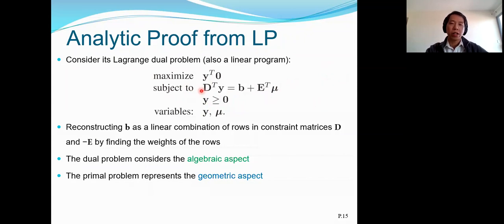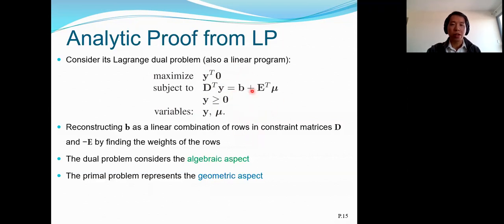Basically, we still use the same matrices D and E here, and then we find the feasible solution Y and mu such that it satisfies these two constraints, and the variable Y must be non-negative. You can see that the objective function here is basically useless because it is always equal to 0. The most important thing is we want to find a feasible solution which satisfies the constraints here. And it is still a linear program.